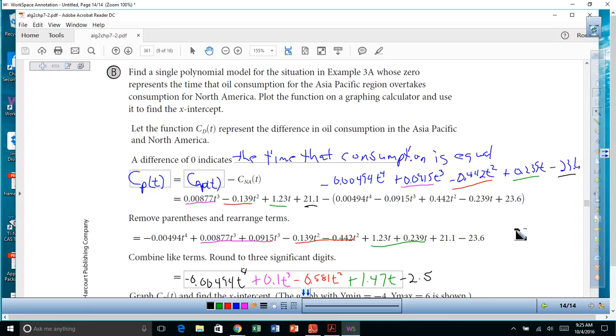Let's see. 23.6 minus 21.1. So that's giving me a 5, and that gives me a 2.5. Okay, good. Negative 2.5.